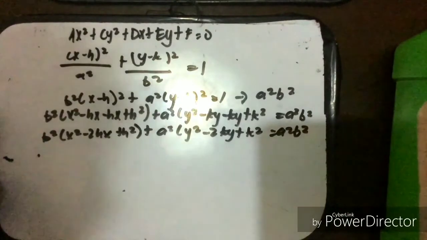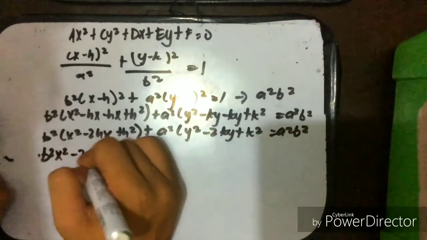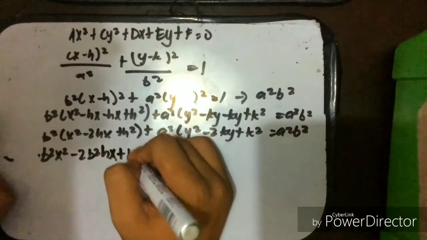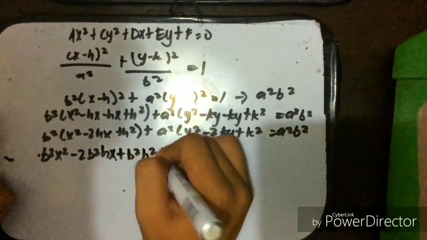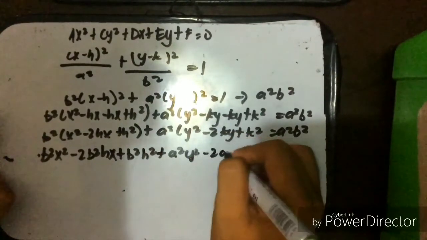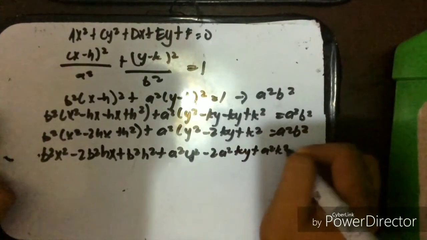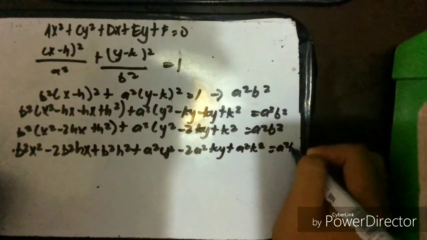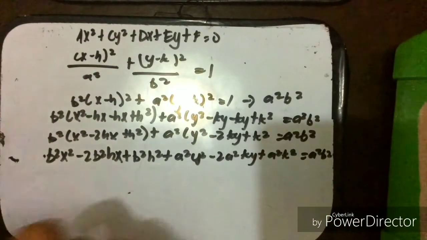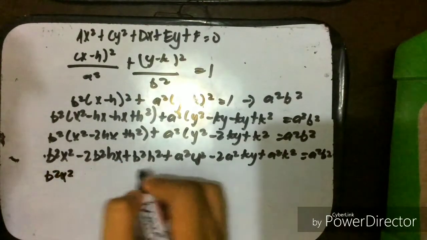Distribute the a squared and b squared. After you distribute it properly, rearrange the terms: b squared x squared.